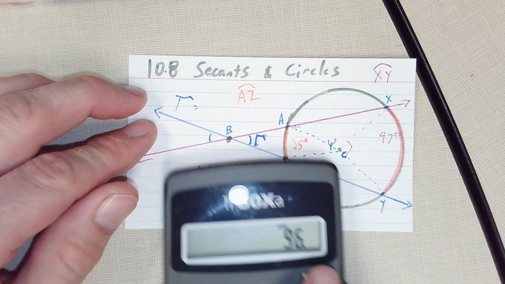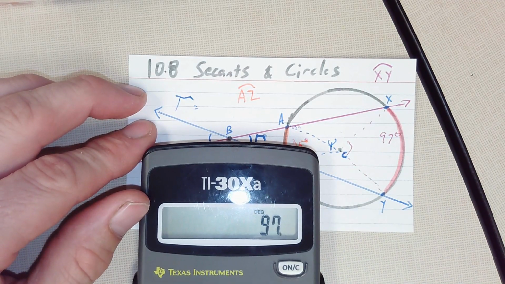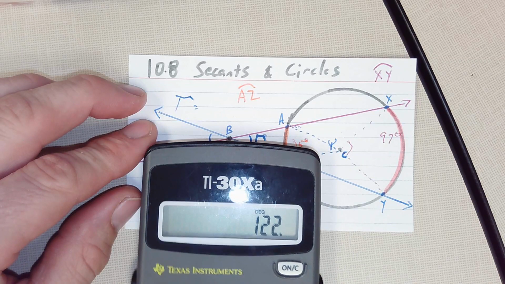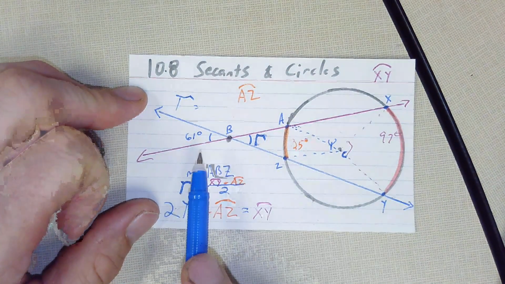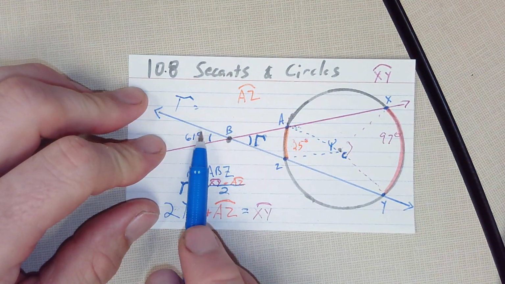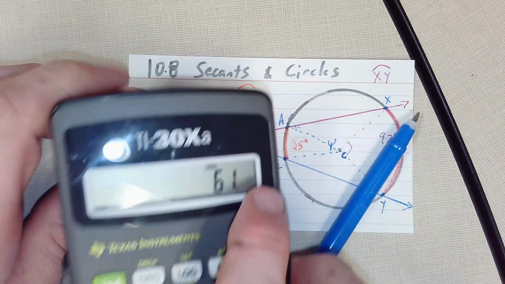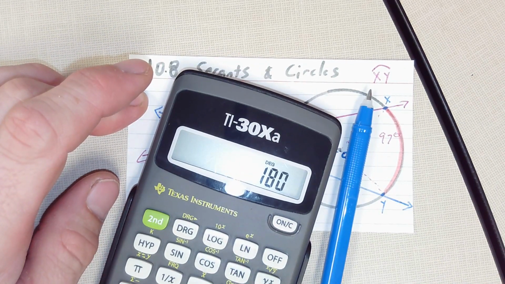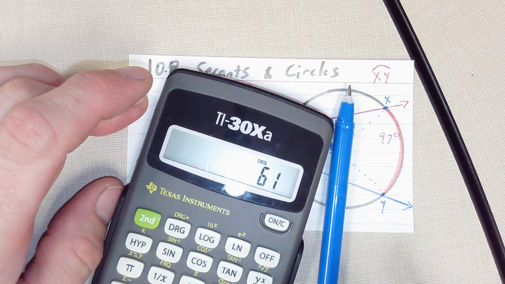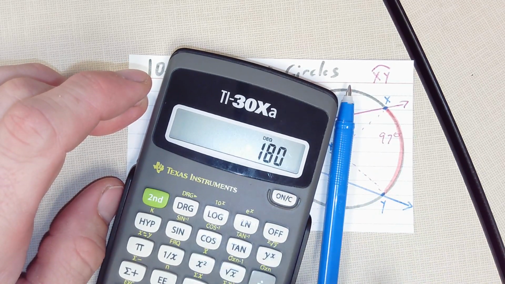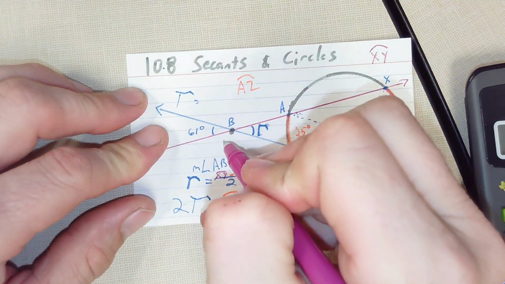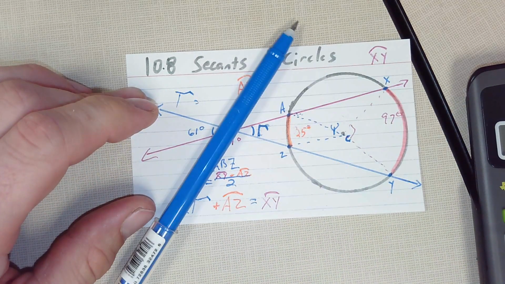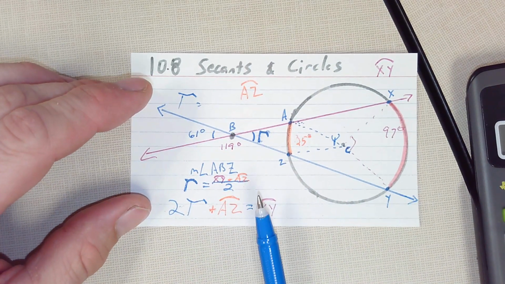All right, so it would be 97 minus 25 divided by 2, and this measure would be 61 degrees, meaning that this would be 180 minus 61. This one would be 119 degrees. So that's how that whole thing would come together.